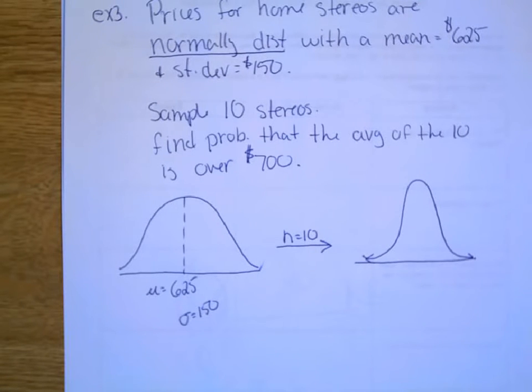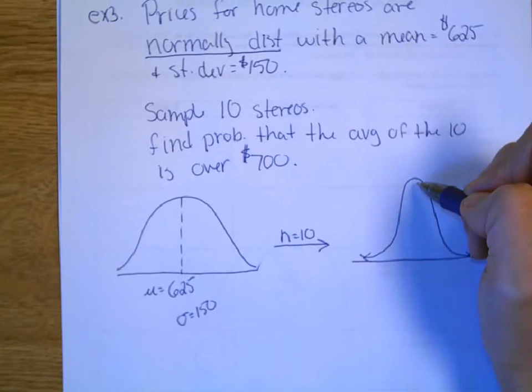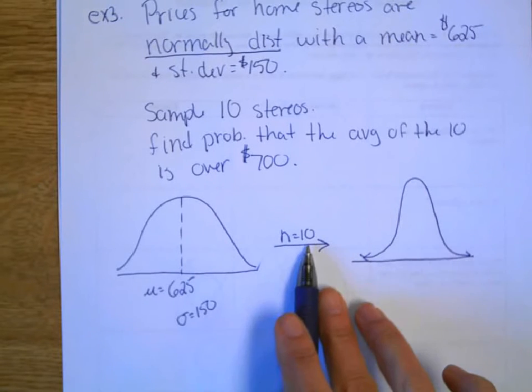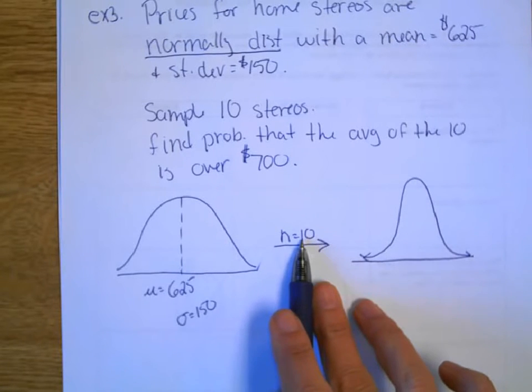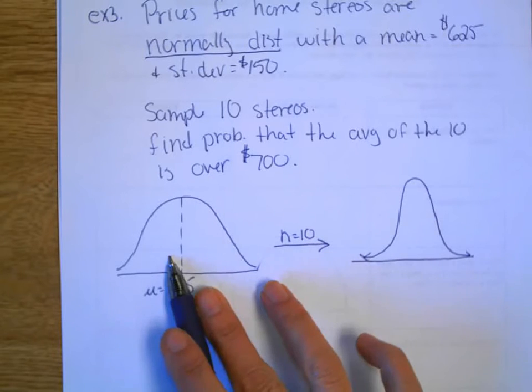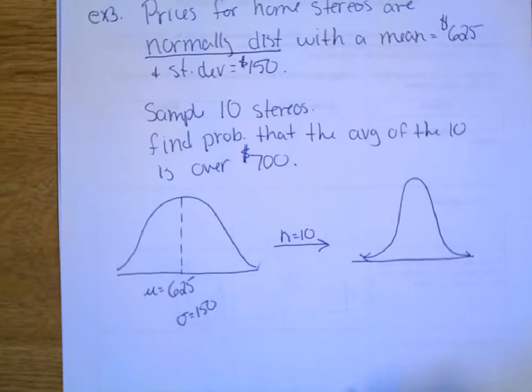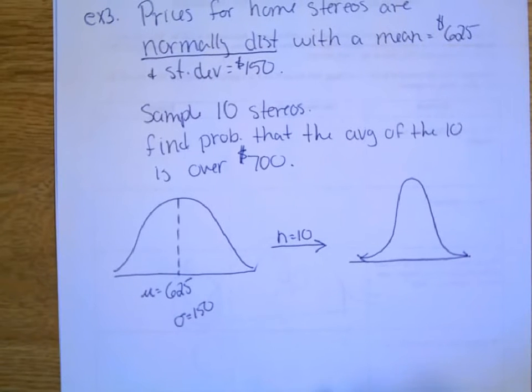A big standard deviation is spread out, small, it's compacted. If the first one didn't start out as normally distributed, then this has to be at least 30. If it was not normal and this said 10, you'd say, can't do, not enough information. I don't think they give you any of those. They should, just to see if you can catch it.